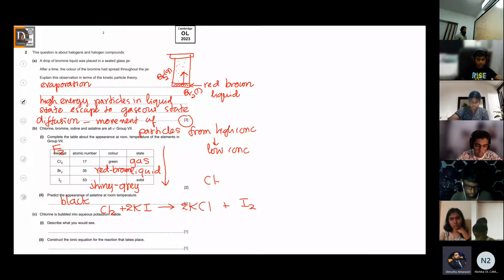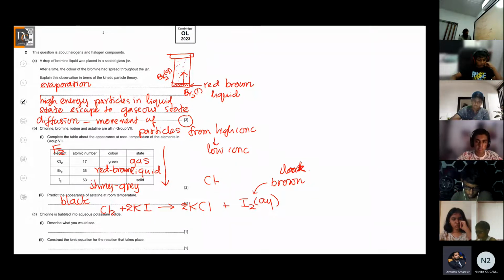Listen, listening is the most important skill. Chlorine is a gas which is green in color. Iodine is made in aqueous solution, and that is dark brown.